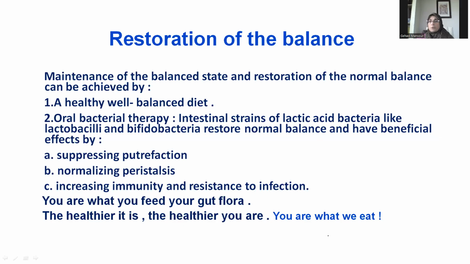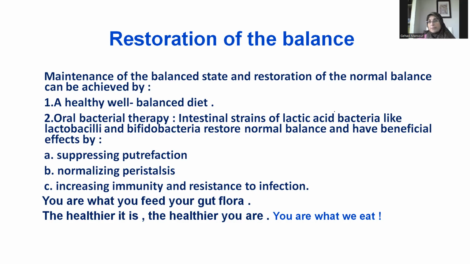So if these are the causes of imbalance, how can we restore the balance? We can restore the balance by, number one, taking a healthy diet. As we said, an unhealthy diet favors unhealthy pathogenic bacteria. Number two, we can take certain useful bacteria orally, like, for example, lactic acid bacteria.